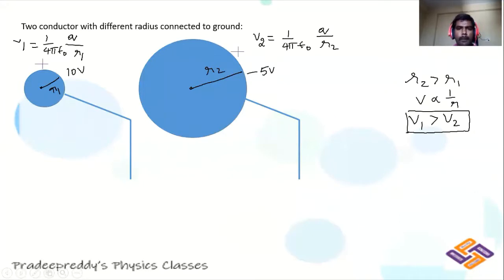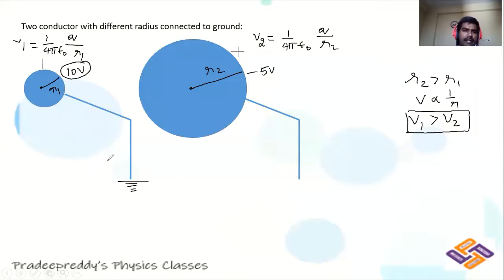Clear? So point number 1 to be considered is that as the size of the conductor is varied, the potential on the conductor also varies. Because potential is varying, some bodies will have less potential, some bodies will have high potential. Now coming to this first conductor, I am connecting it to the ground, right? Its potential is 10 volt.